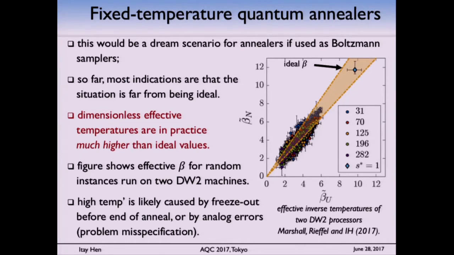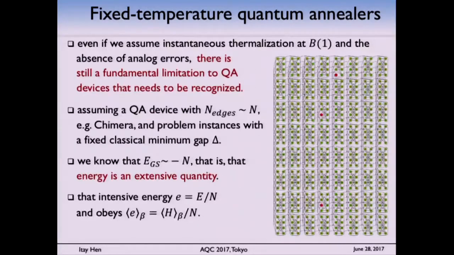And so what's happening really is not the ideal case. And of course, I think even Muhammad talked about it. Several people mentioned freeze-out, etc. And of course, there's the concept of analog errors, which also contributes to the fact that the effective temperatures are much higher, and hence the betas for both machines here are much lower.